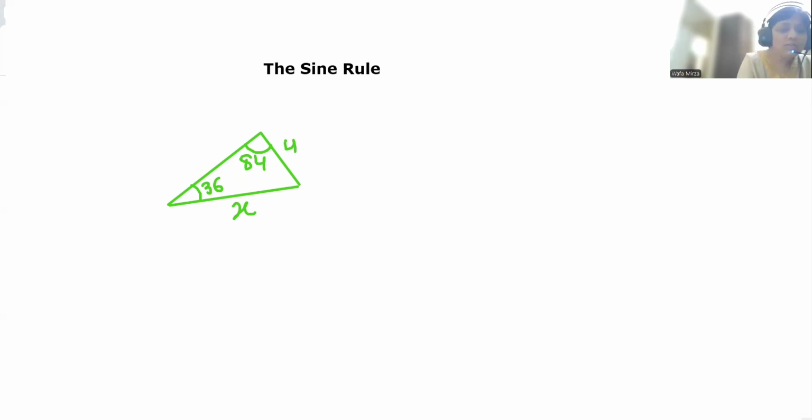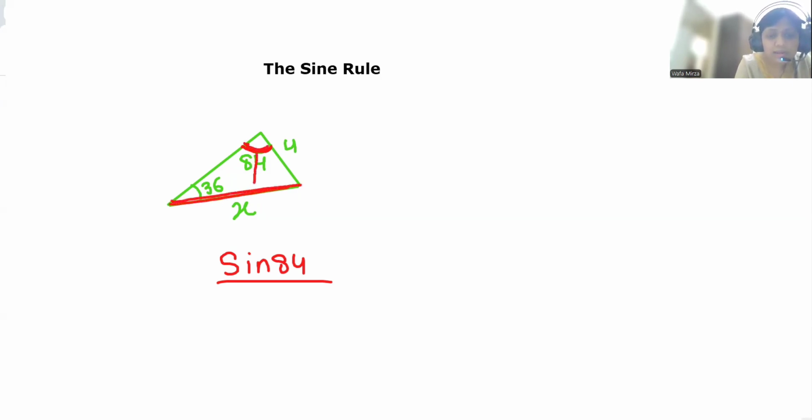So according to sine rule, if I am writing angle 84, I will write sine 84 divided by the side which is opposite to angle 84. The side which is in front of angle 84 is x.